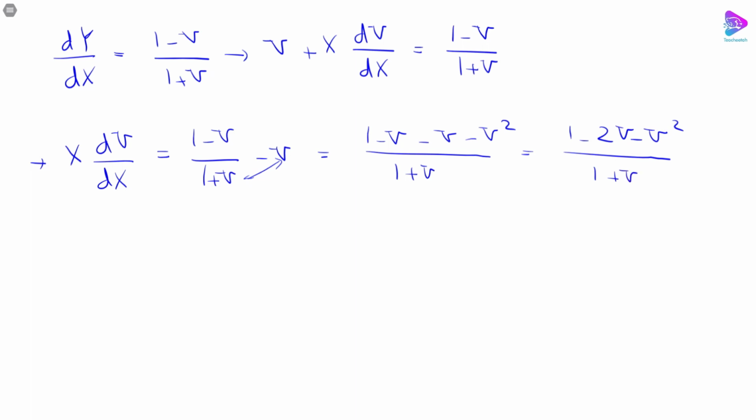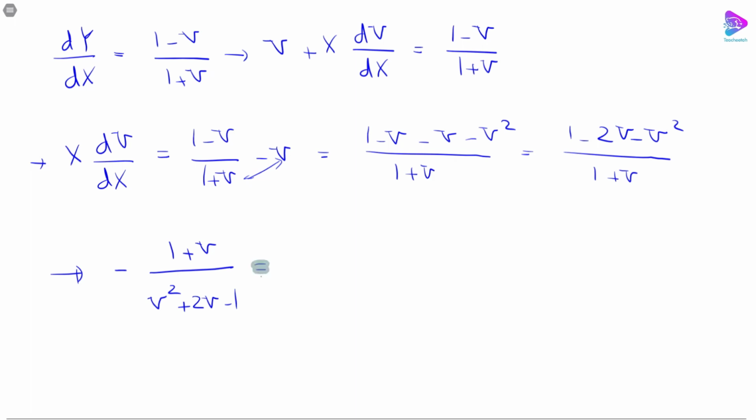Correct? So now we can move this around, and then we're going to get minus (1 plus v) over (v squared plus 2v minus 1) dv equal to dx over x.